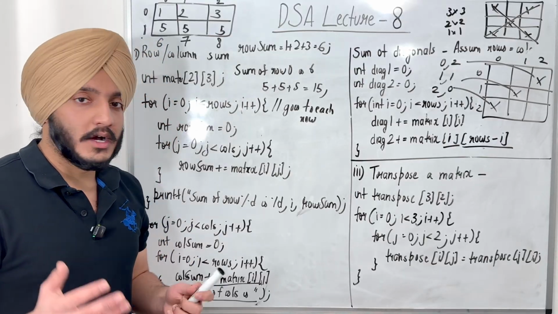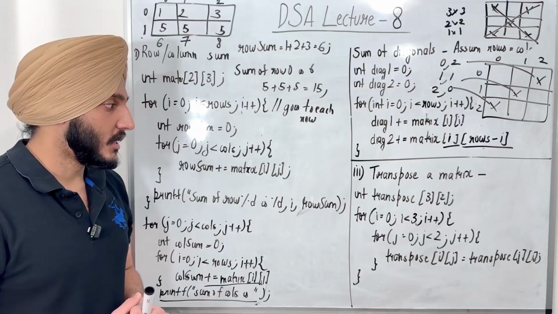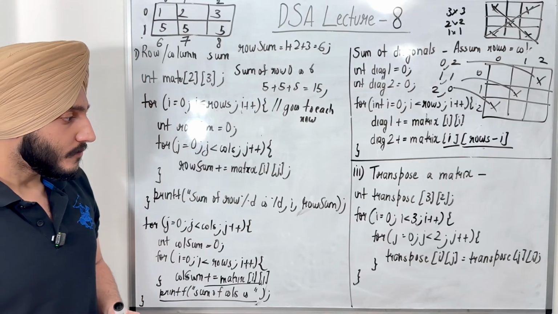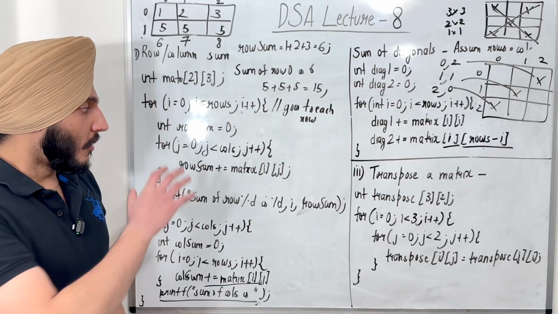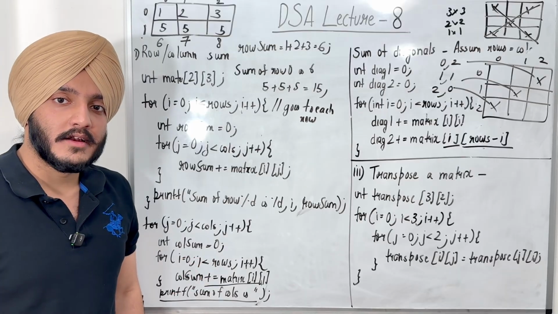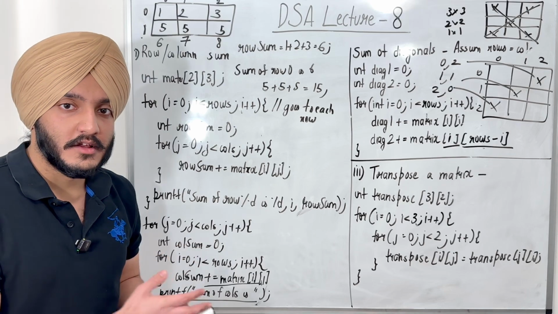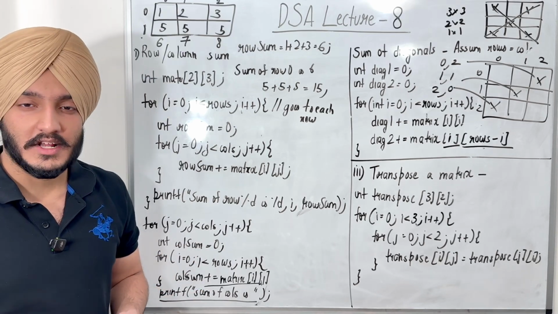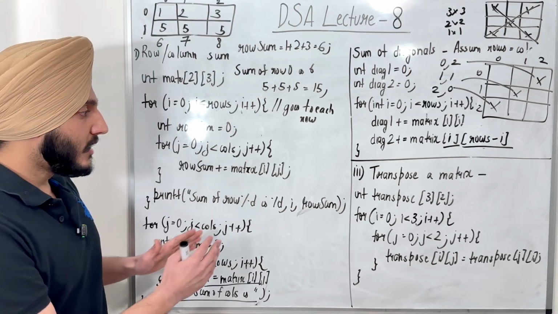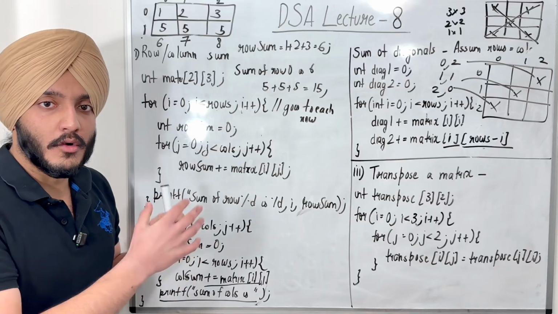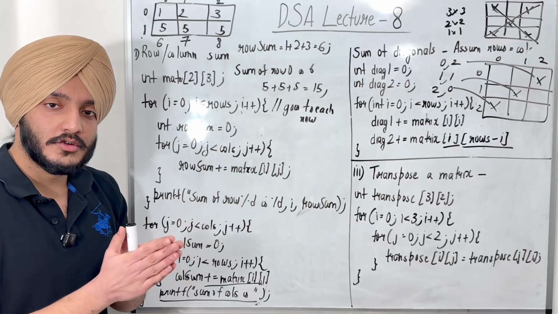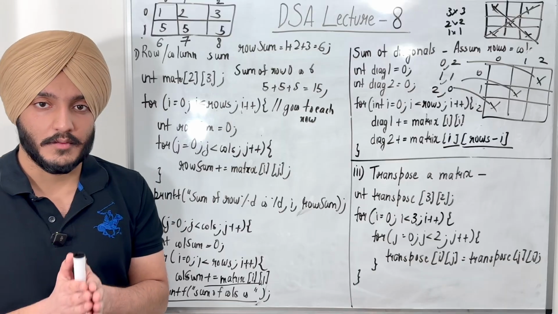And that's it for this lecture. Now I'll be giving the code for these problems. One more thing before I end this video: all this code can also be implemented in other programming languages as well. It doesn't matter whether it's Python, Java, or any other, C++ or C sharp. The point is that you should understand how the code is working. You should understand how to recognize the patterns that we are using.